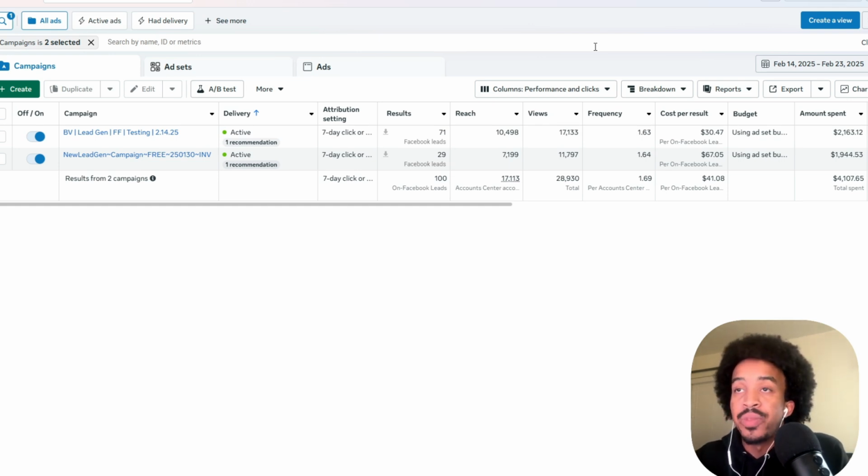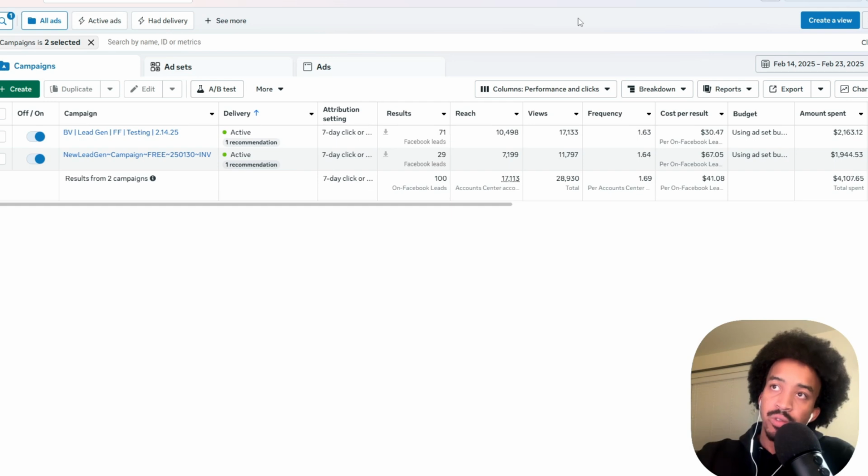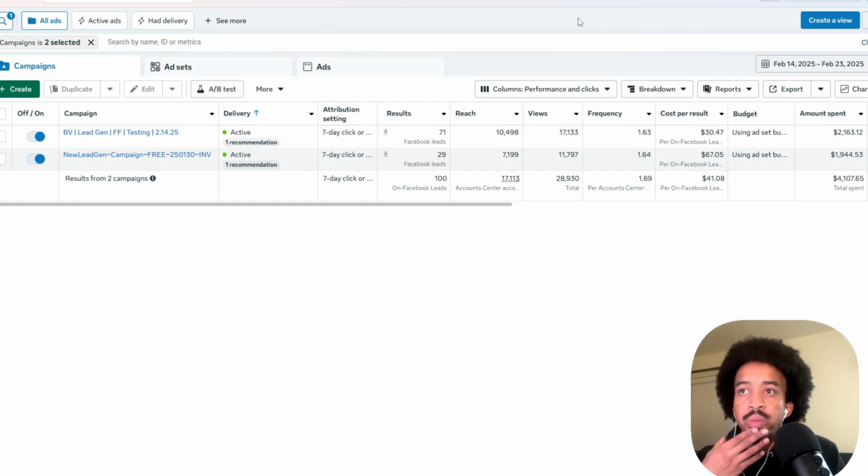So one of the most important things when it comes to running lead generation ads, and ads in general, especially now in 2025 and over the past few years, as a lot of targeting becomes a lot more automated and as AI becomes more involved in the space, is that it's important for you to evolve with your advertising.